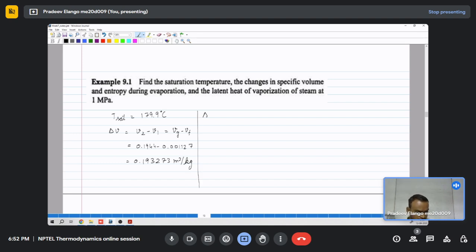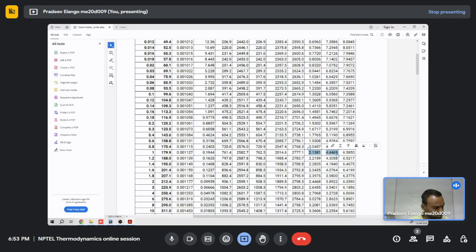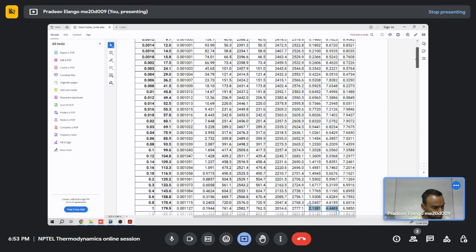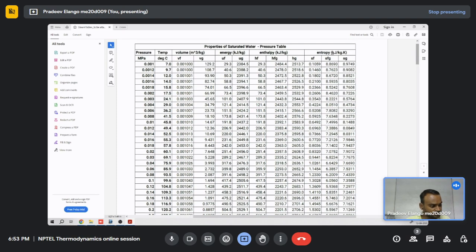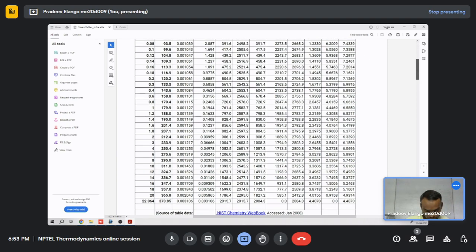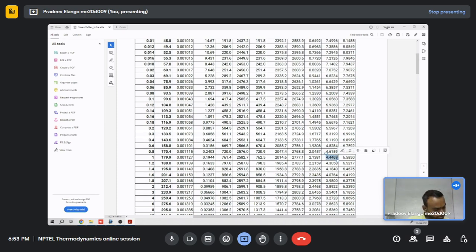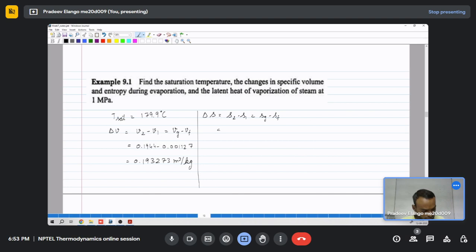Similarly, delta S is entropy at the second state minus entropy at the first state, that is entropy g minus entropy f. That can be found in the last columns. S subscript fg means Sg minus Sf, so it can be directly obtained from here. That is 4.4469 kilojoule per kg Kelvin.